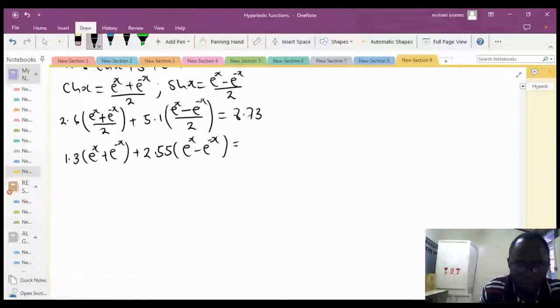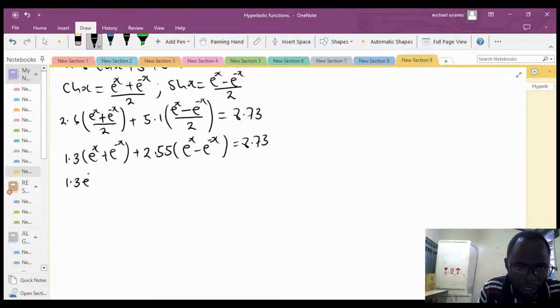This is equal to 8.73. So from there, we can open up the bracket and put the terms together. So we shall have 1.3 exponential x plus 1.3 exponential negative x plus 2.55 exponential x, then minus 2.55 exponential negative x, and this is equal to 8.73.